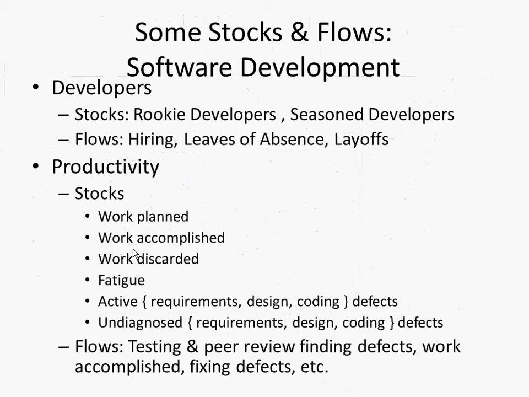Jack Homer has a very nice model showing the effects of training on the dynamics of a software project. As a project hires new developers, they come in as rookies, people who need training. That takes the time of the highly skilled developers away from developing and puts it into training these new people, which can often lower productivity in the short term.